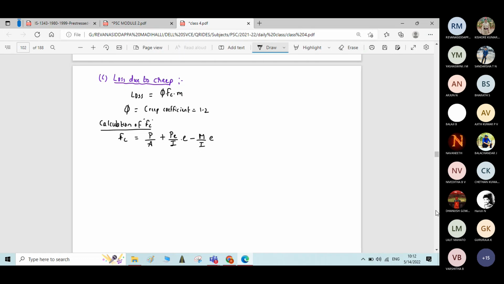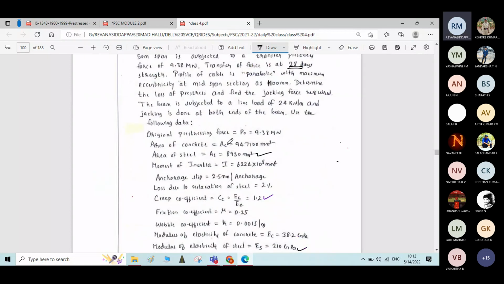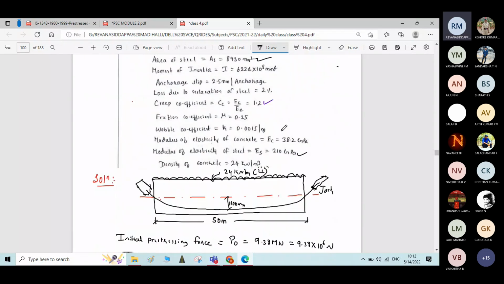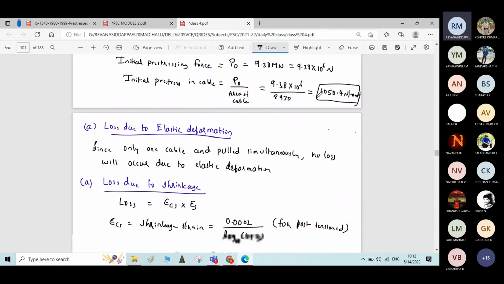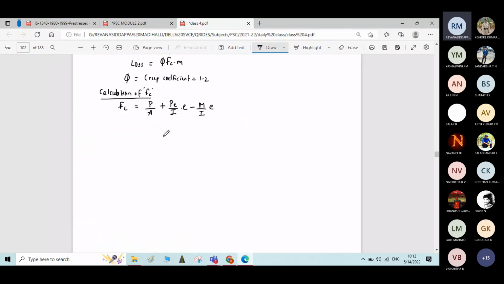Now, pre-stressing force, is it given? Let me check. Original pre-stressing force is given as 9.38 meganewton. Okay, here 9.38 into 10 power 6 Newton. Okay, P is equal to 9.38 into 10 power 6 Newton.